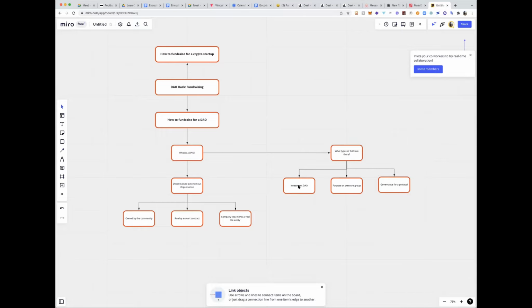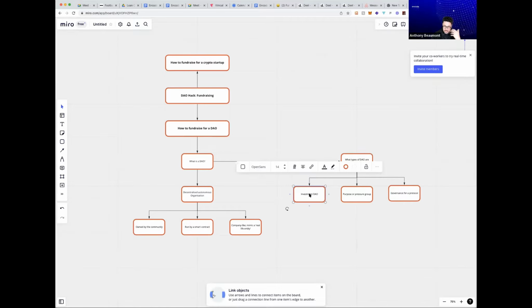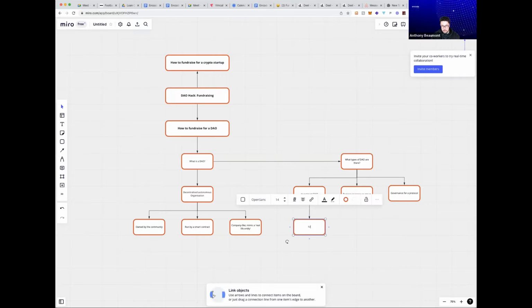Now, clearly, an investment DAO is there to invest. So fundraising here means collecting funds to make joint investment decisions using these funds.